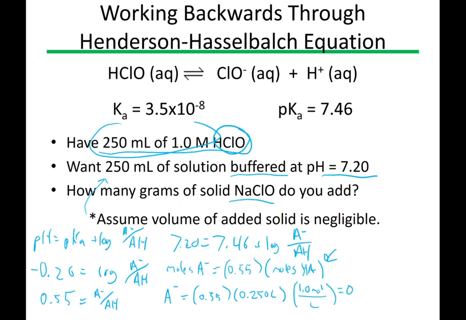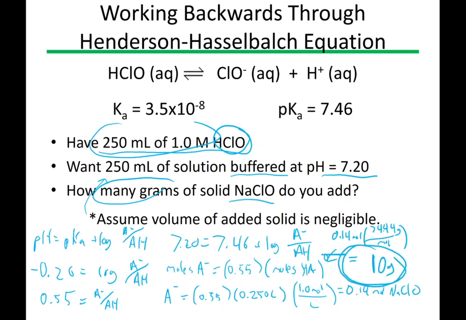That gives us that we need 0.14 moles of NaClO. The question was how many grams. So to finish this up, we'll take our 0.14 moles and multiply it by the molar mass to get that we need about 10 grams of the NaClO added to this original solution to make this buffer.